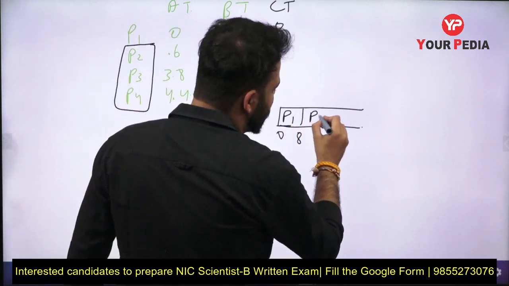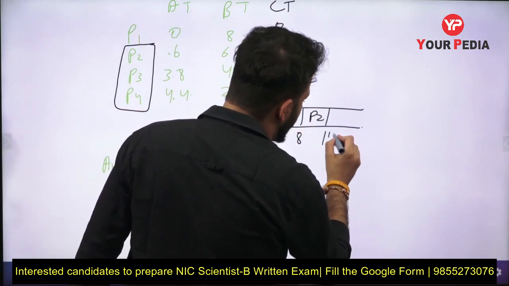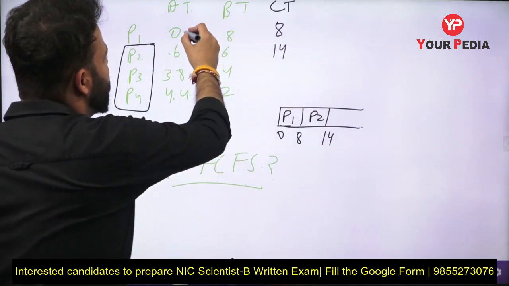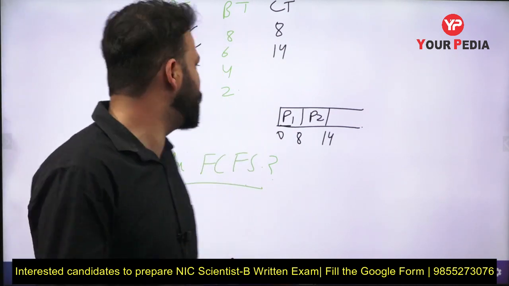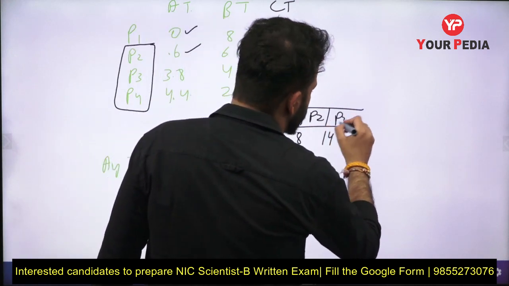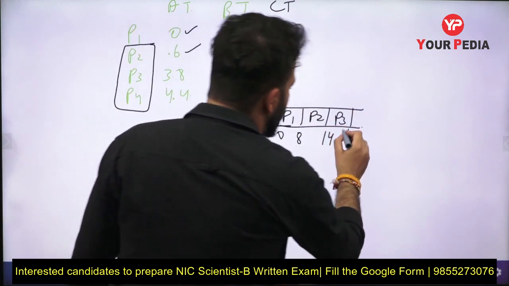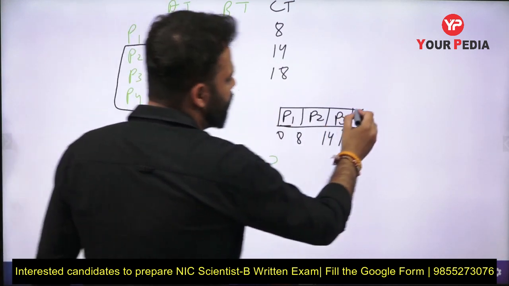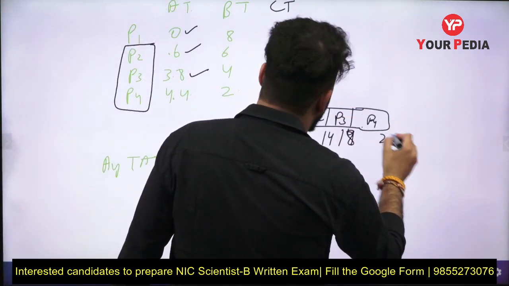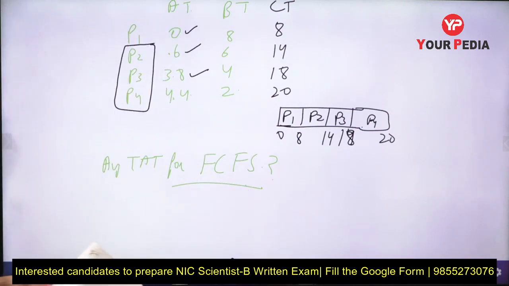So P2 will be completed at 14. Next is P3, completed at 18, and the last is P4, completed at 20. So these are the completion times for these jobs.